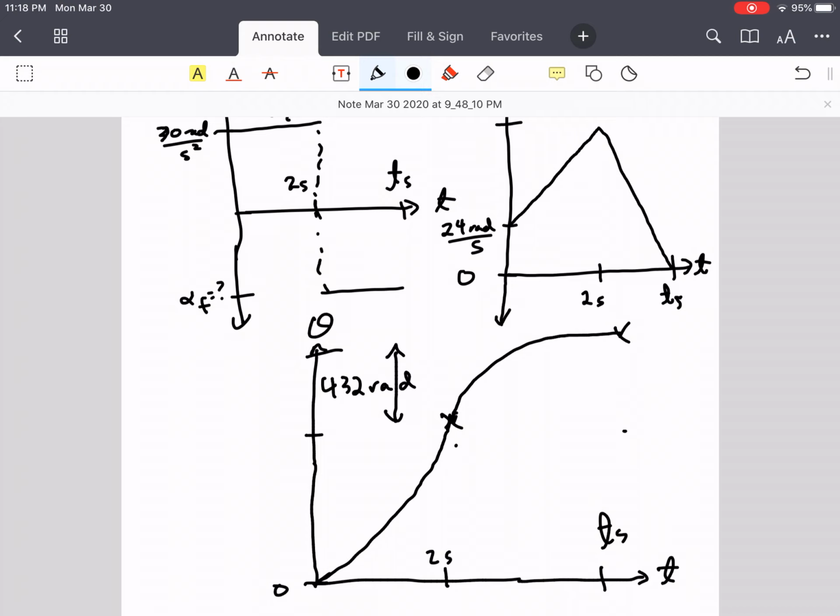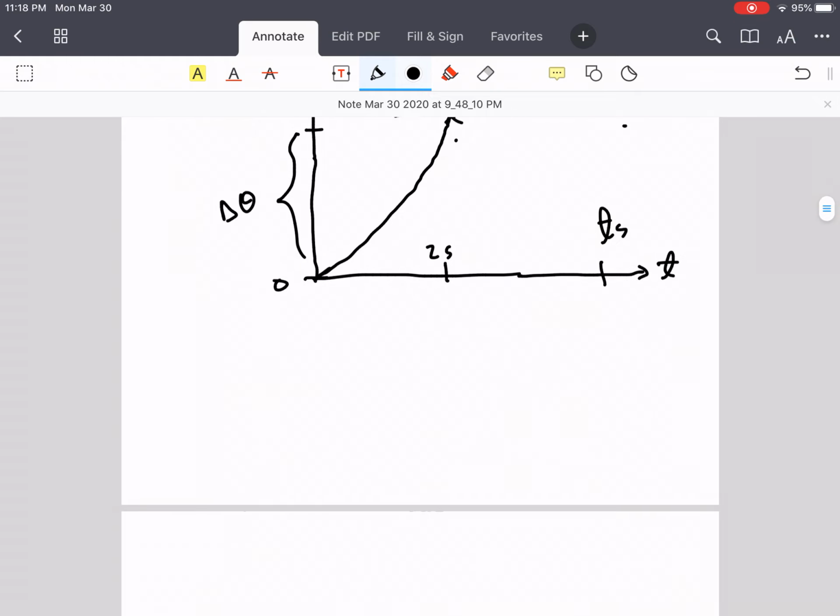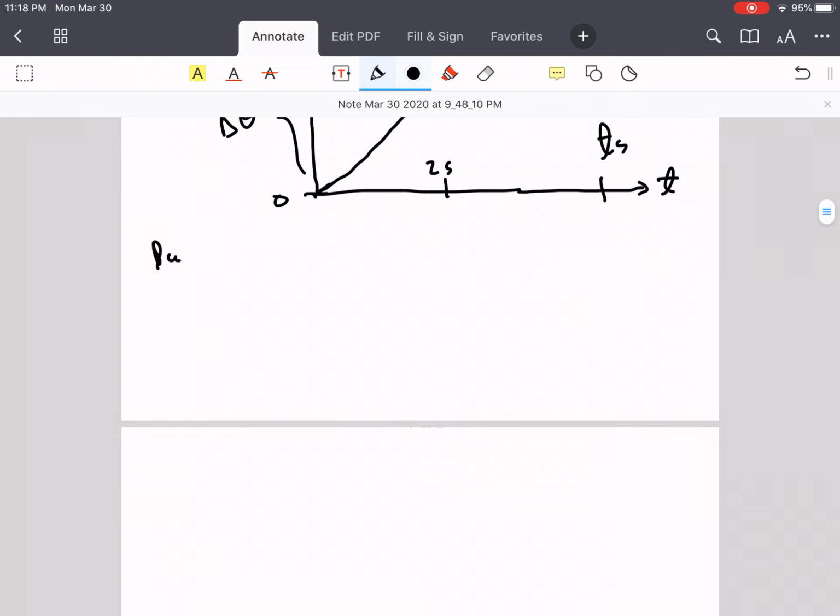Okie dokie. So part A of the problem, what we want to do is solve for the total amount of angle that we undergo. And in fact, we already know quite a bit of this. We know the 432 radians that we have at the end of the day. So now all we need to know is what's this delta theta here during this initial acceleration period. During the initial period, I know almost everything.